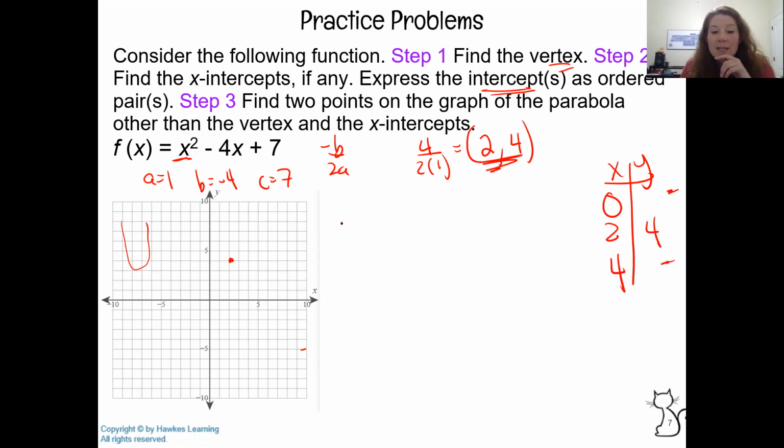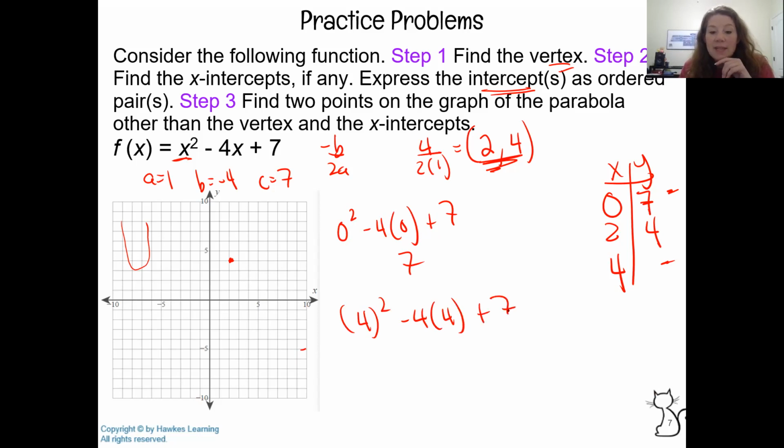All right, when x is 0, we're going to do 0 squared minus 4 times 0 plus 7. Well, 0 minus 0 plus 7 is 7. And when x is 4, 4 squared minus 4 times 4 plus 7. 4 squared is 16 minus 16 plus 7. 16 minus 16 is 0.